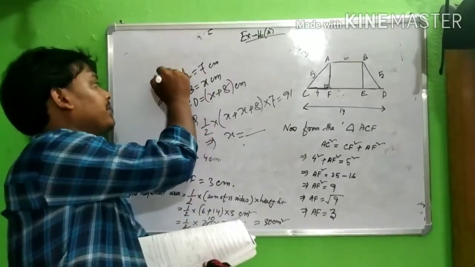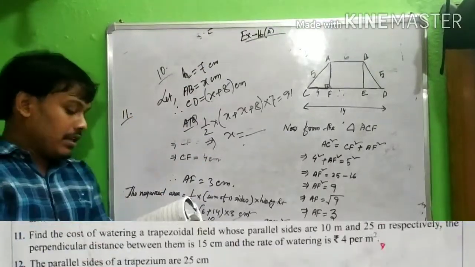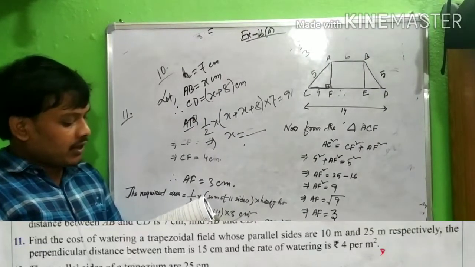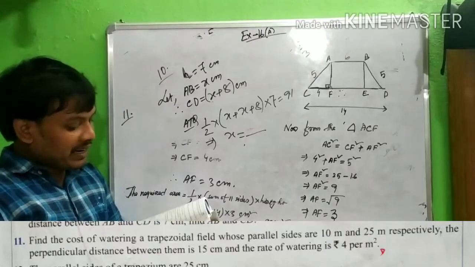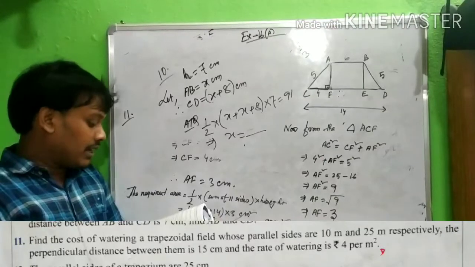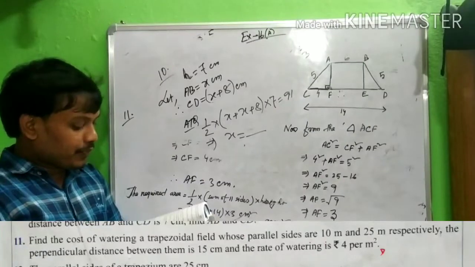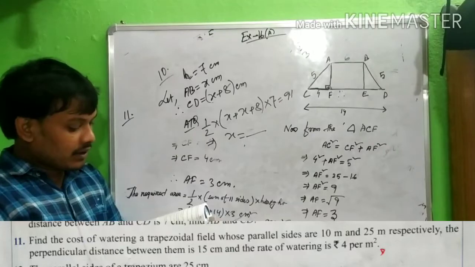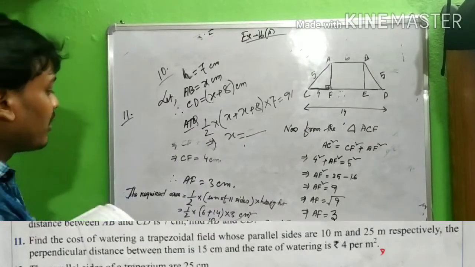11 number, after this 10 number. The 11 number question is: find the cost of watering a trapezoidal field whose parallel sides are 10 meter and 25 meter respectively, and the perpendicular distance between them is 15 meter. The rate of watering is 4 rupees per meter square. So very easy.